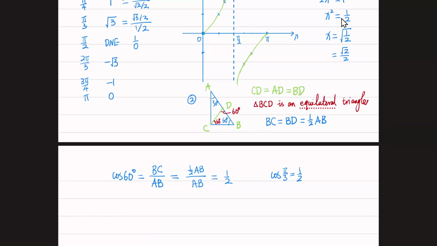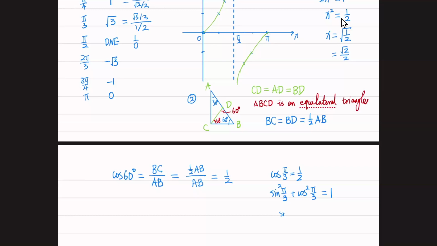Okay, now how do we find the sine? Just AB divided by AC. Okay, so here we use the Pythagorean theorem. The sum of the squares equals 1. A fourth plus something equals 1.